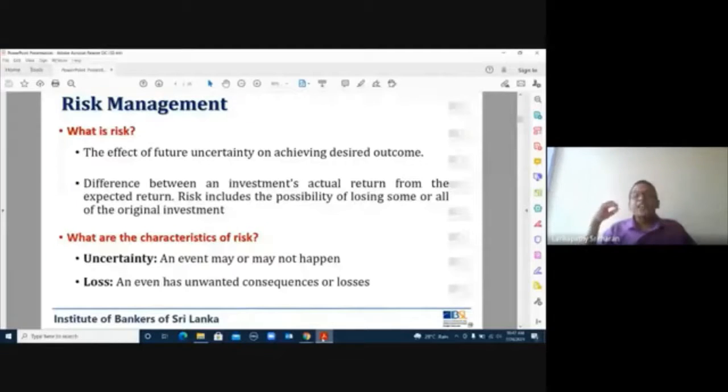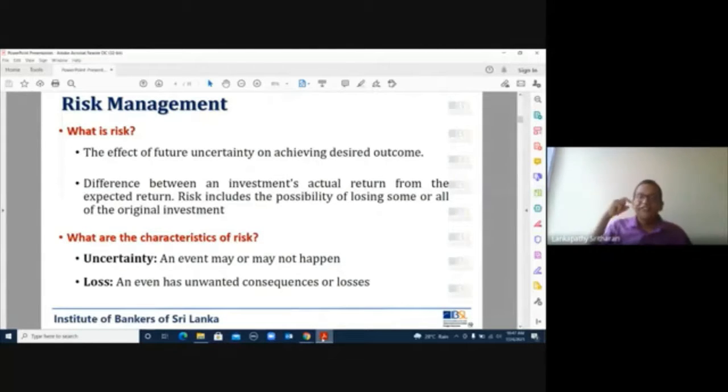The expected return is 110 million, but in the second and third scenarios, our actual return is less than 110 million. Somebody may ask, sir, in the first option there is also a difference, so why can't we call that a risk? No, because that event should be an adverse event.